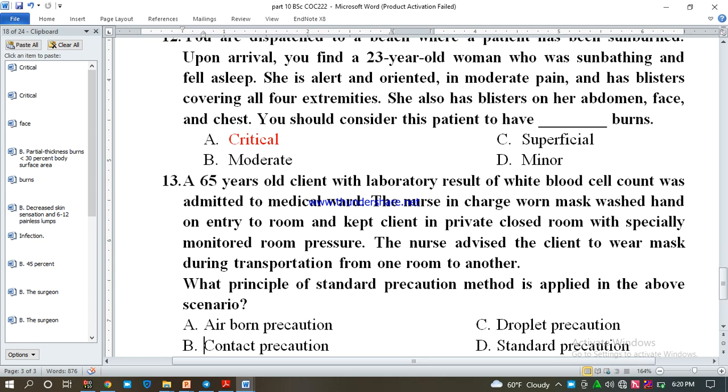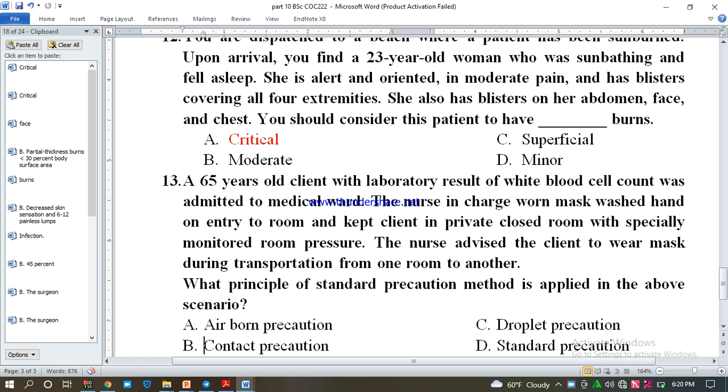The nurse advised the client to wear a mask during transportation.